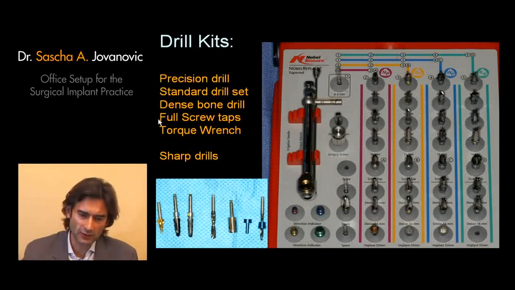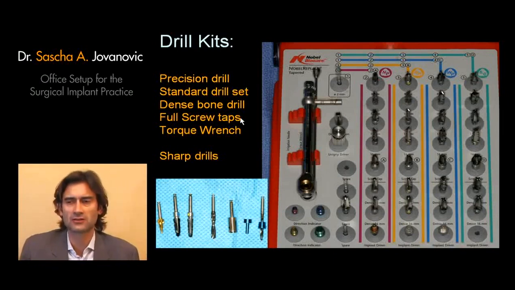Then to look at the screw taps. Some of the older systems don't have the full screw taps. So I would recommend you look at the screw taps you have and develop a feeling that these screw taps are really the full tap, so they have the full body of the implant.